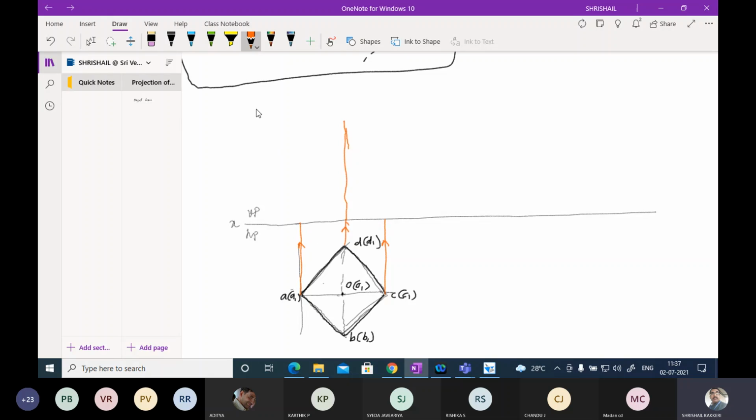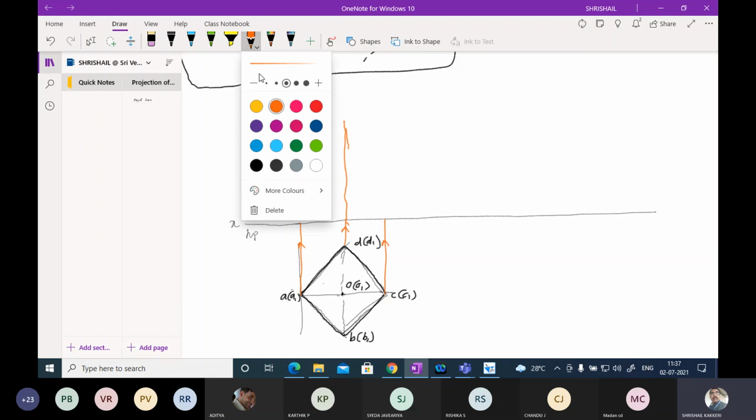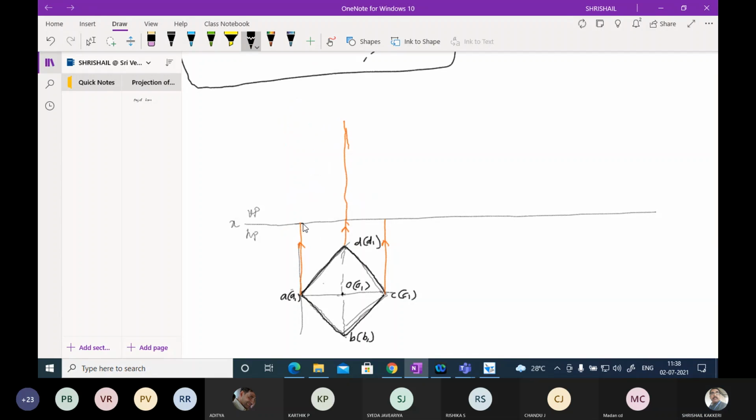Now you take a thick line. By taking a thick line, draw this vertical line that will be equal to 65 mm. I have completed this.